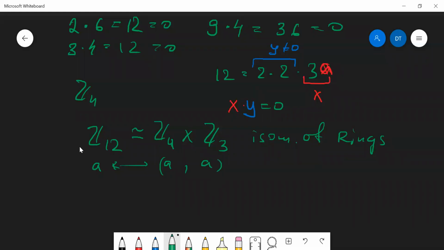Since this is an isomorphism, if an element is an idempotent here, then it stays an idempotent after our isomorphism, and vice versa. If an element here was an idempotent, then the corresponding element there is an idempotent, because this is an isomorphism.